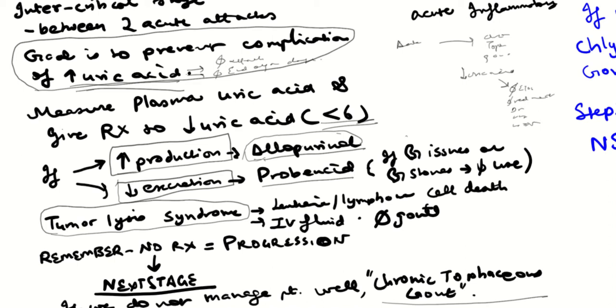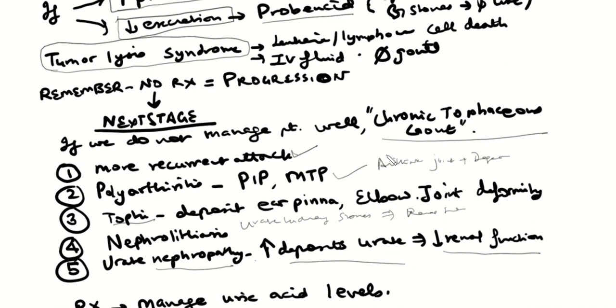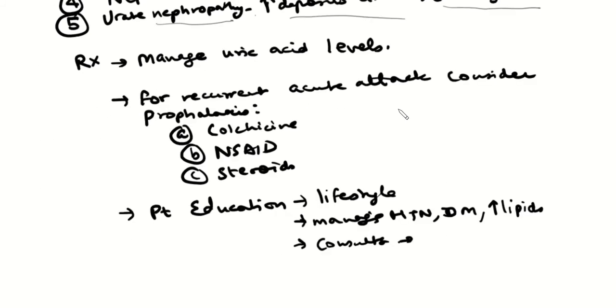Okay. If you don't manage this, again, we go to chronic tophaceous gout. Now they got big problems. So the goal is to prevent those patients from getting to this stage. Okay. And again, even in the later stages, it's just a question of giving them a diagnostic label. But the goal is to manage their uric acid levels.